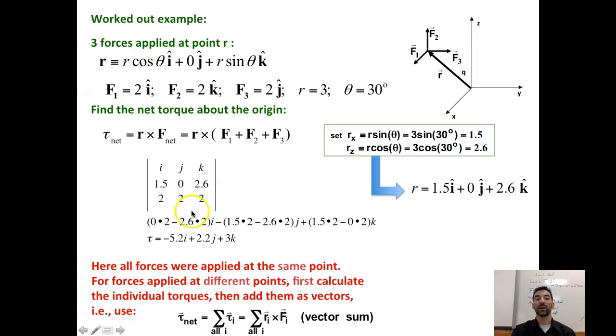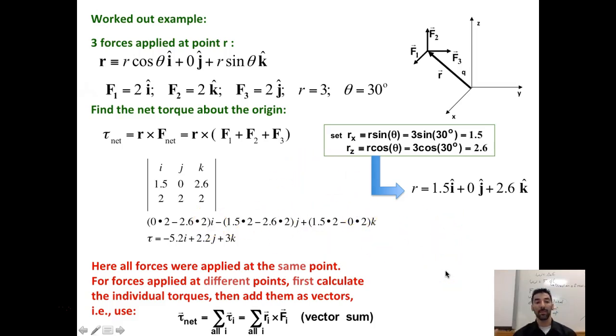And just like we saw a couple of slides ago, I cover up my I, 0 times 2, minus 2.6 times 2, in the I hat direction, because that's what I covered up. I do the exact same process, cover up the J, 1.5 times 2, minus 2.6 times 2, that's in my J hat. Last, cover up the K, we have the same thing.